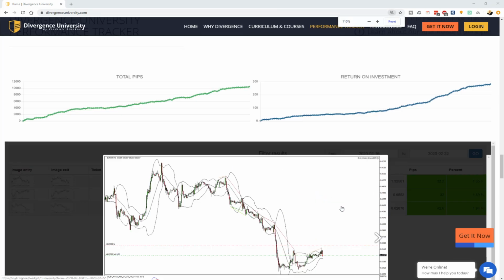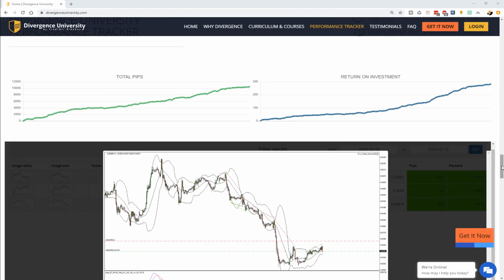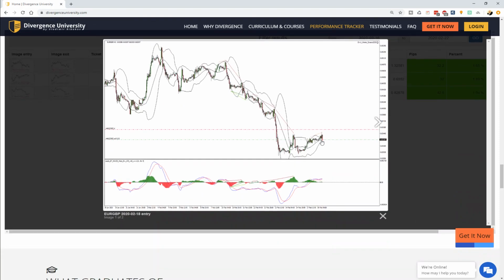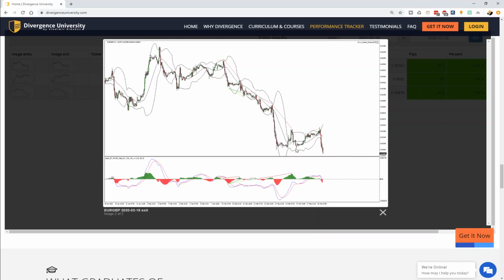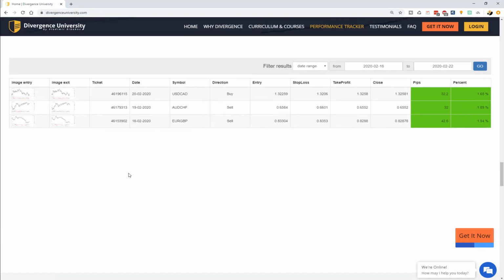Of course, that came with a good candle pattern here. So long story short, fast move to the downside, which managed to provide us with very nice entries. Sorry, not entries.